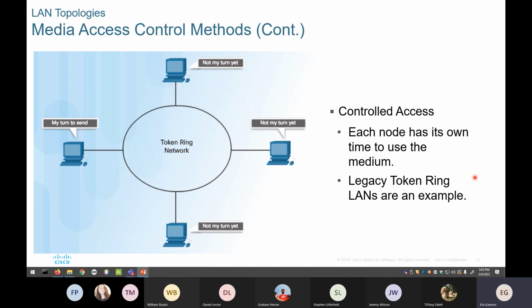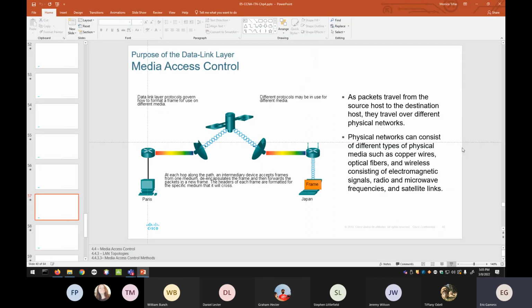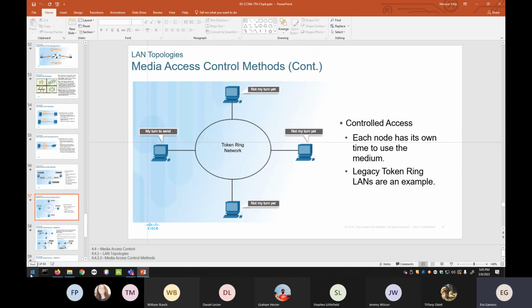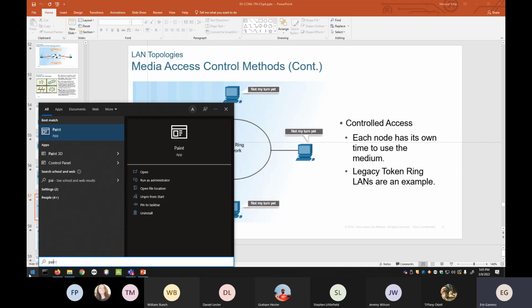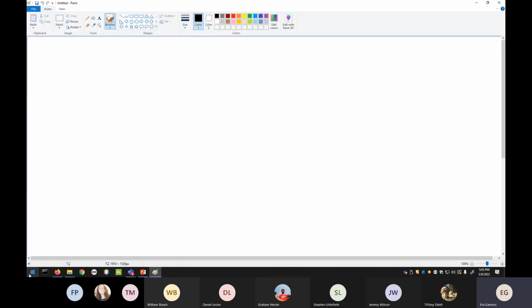So I'm going to do a graphic to explain how token ring works. Let me open Paint and let me explain it. You have a ring, the logical topology is a ring. Physically, most of the time it will look like a star, but the logical topology is a ring.